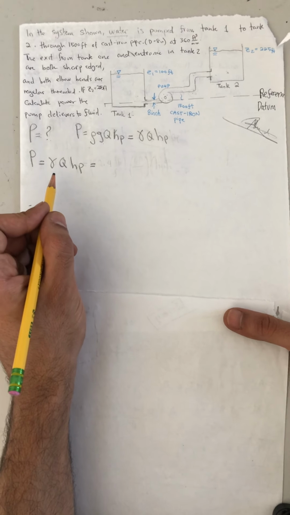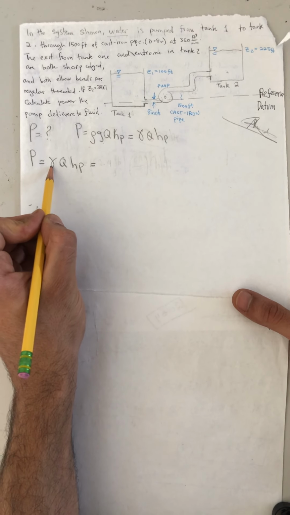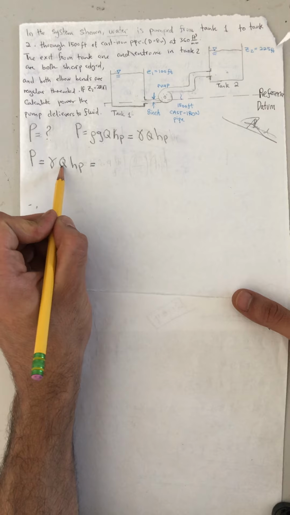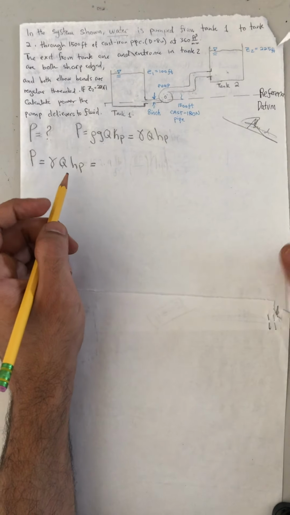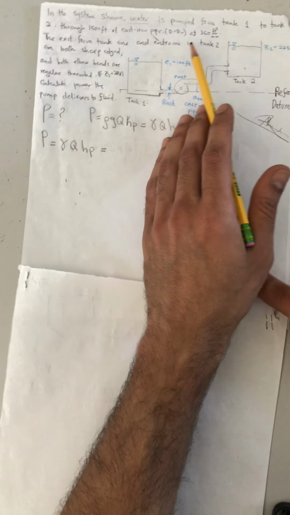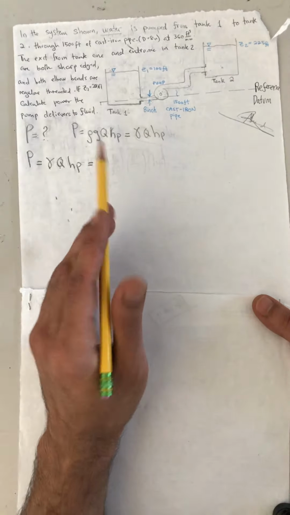Looking at our equation, we know the specific weight of water. We are given the volumetric flow rate. However, it is per minute. We are going to have to change our units to per second.